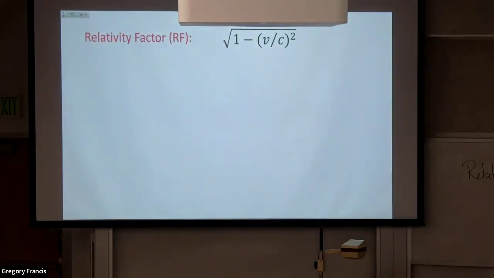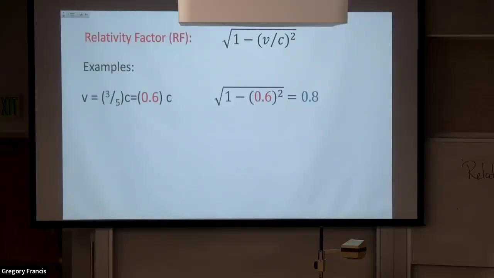So let's look at this relativity factor. In order to make some of the problems more intuitive and less math-like, we look at some values of v over c where the numbers turn out easy. If your speed relative to light is 3/5 or 60%, then the relativity factor is 80% or 0.8.